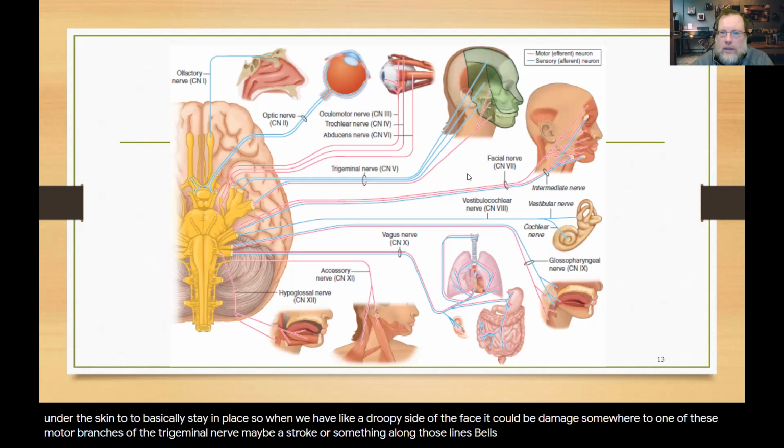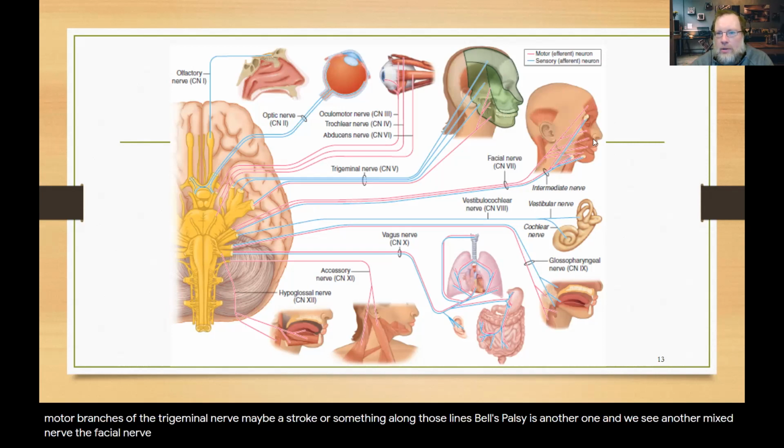Bell's palsy is another one. And we see another mixed nerve, the facial nerve, dealing with some of the more anterior aspects of the motor for facial expressions: wrinkling the brow or raising the eyebrow, furrowing the eyebrow, opening and closing the eyelids.